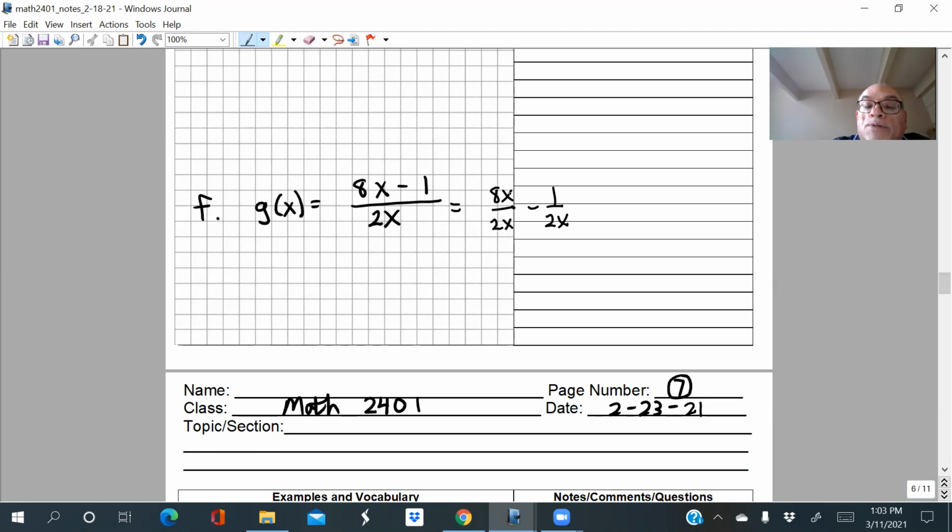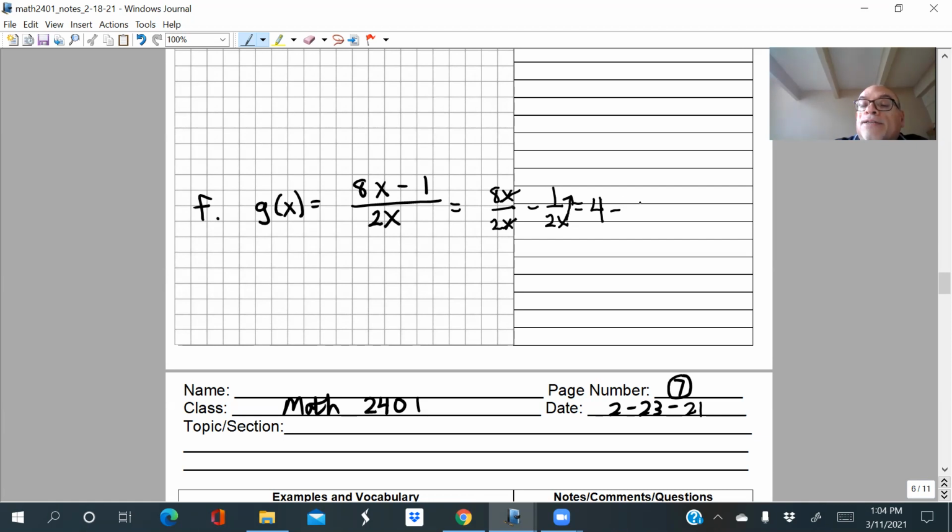Now, let me show you why that helps. Because here, this x divides out. So you just get 8 over 2, which is 4. That's nice because the derivative of 4 is 0. So that's really easy. Now, what do I do with minus 1 over 2x here? Well, just like we did in one of the early examples, don't care about the 2, but bring the x up.